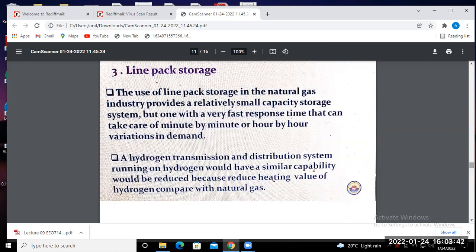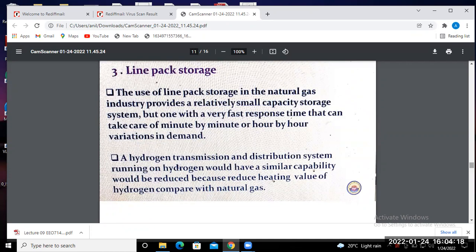So we can control the supply of hydrogen in the line form. This is one of the ways hydrogen is stored, in the form of line pack, with a very fast response, over small time intervals or maybe large ones.